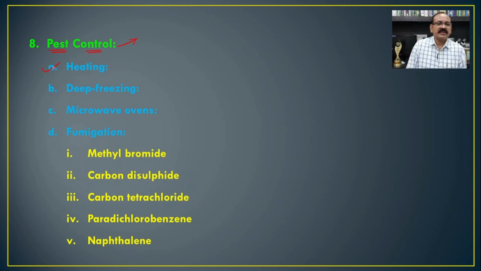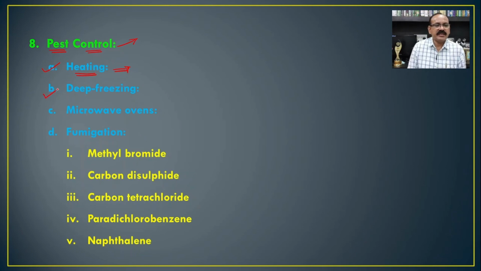The first one is heating. In a herbarium, there is utilization of the technique of central heating so that the temperature of that particular room or storehouse can be increased. In this way, the different insects present in it will automatically be killed.